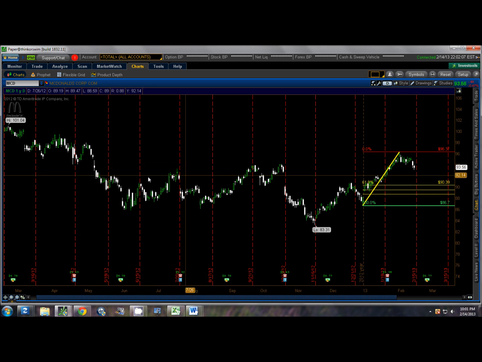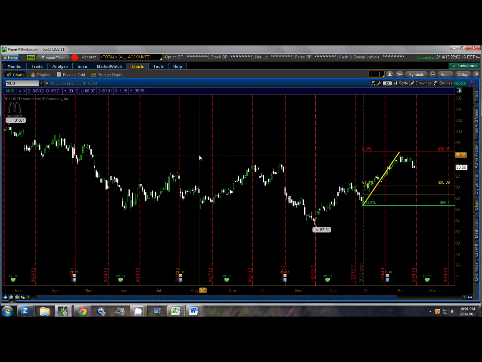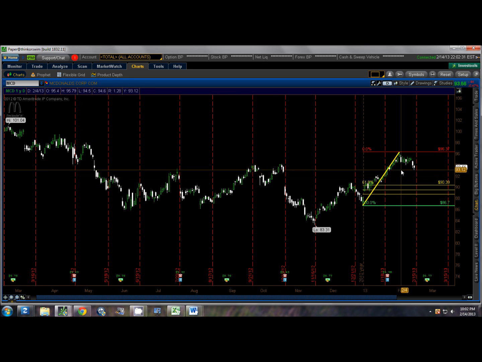But the second thing I want to point out is this is a daily chart over a 1-year time horizon. These swings and these fractals and these Fibonacci's, they're on every single time frame. So you don't have to use a daily chart. I just picked this one because it had some nice clear swings, and from an educational standpoint, it was easy for me to show the swings that have unfolded over the last year and also the current swing.